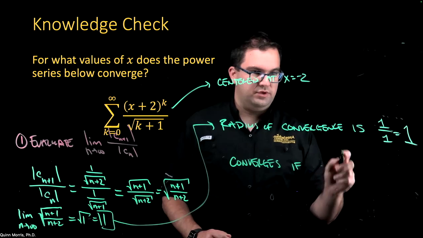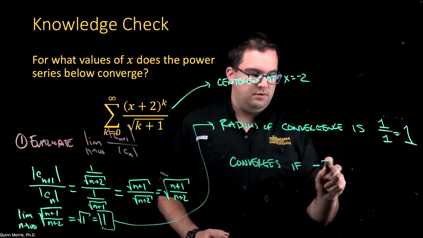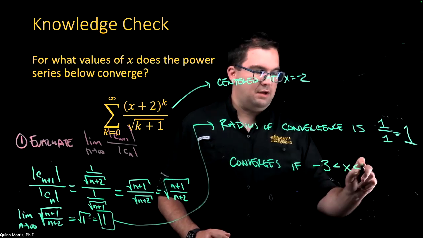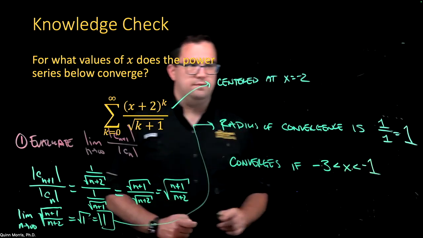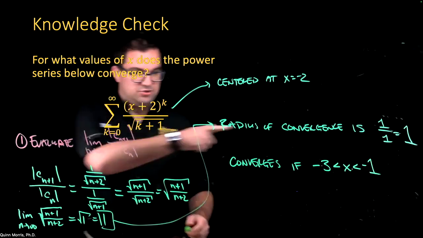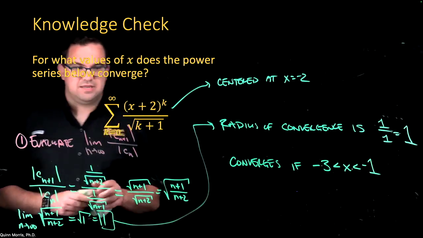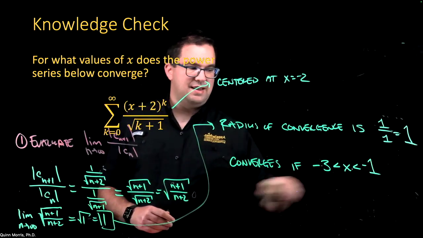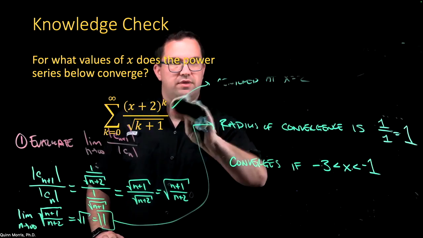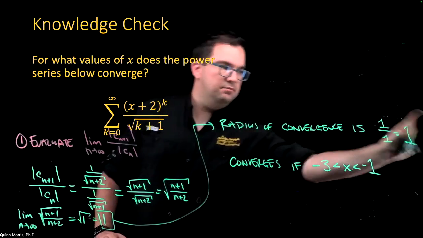So I could go down by 1, that would give me -3, or I could go up by 1, that would give me -1. Okay. But now I have to go to this third step. I need to actually check these endpoints because this test doesn't actually tell me what happens at -3 and what happens at -1. So let's go then and evaluate our series at those endpoints.